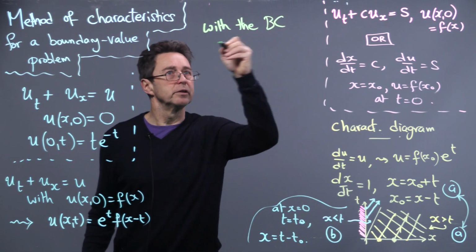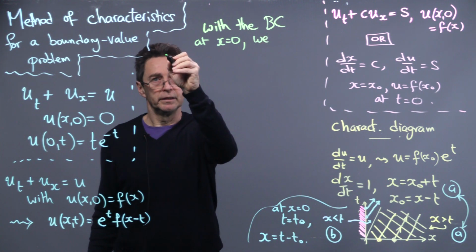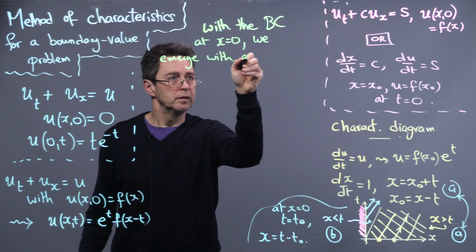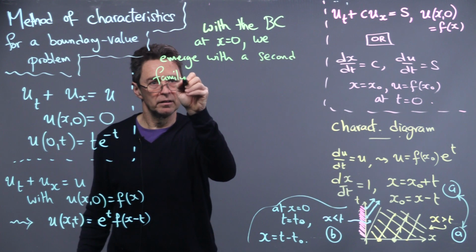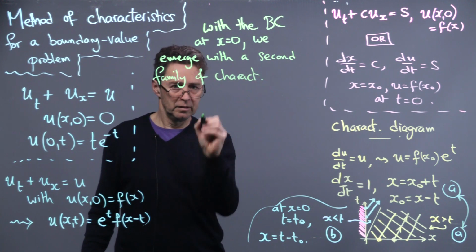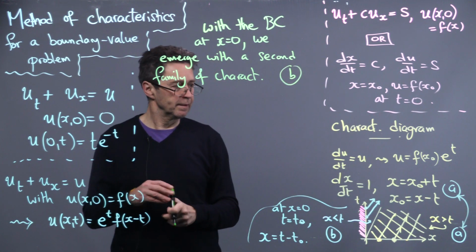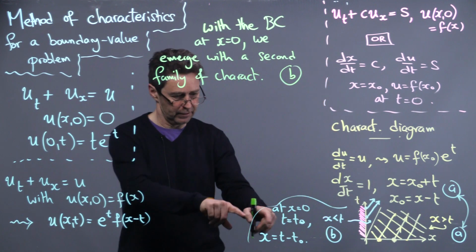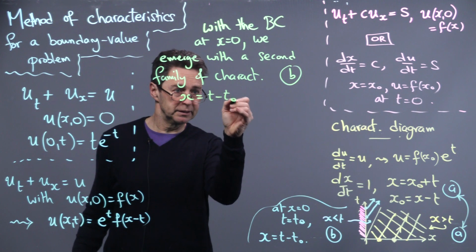So with the boundary condition at x equals 0, we emerge with a second family of characteristics, they're given by this. That's what I've called V. And I'm just going to adapt everything we already have for this particular case. So we've got x is equal to t minus t0.